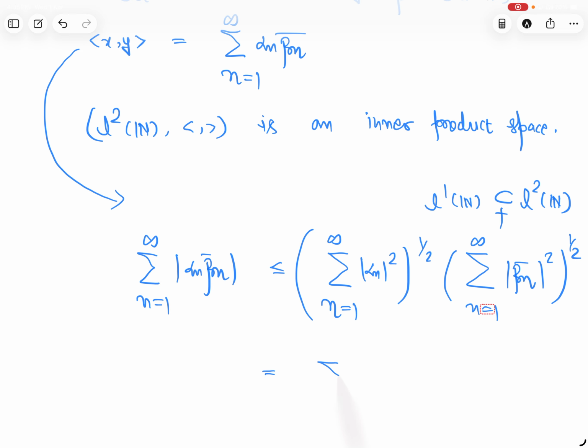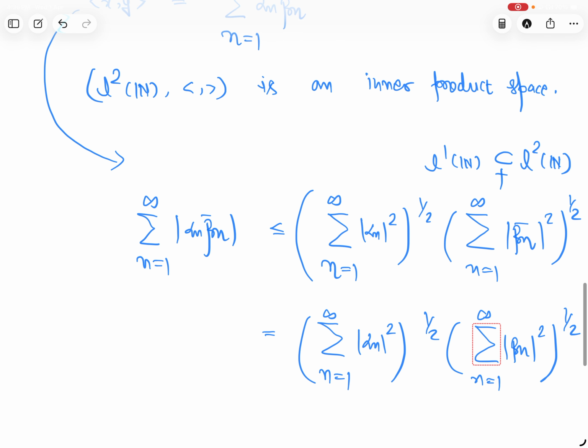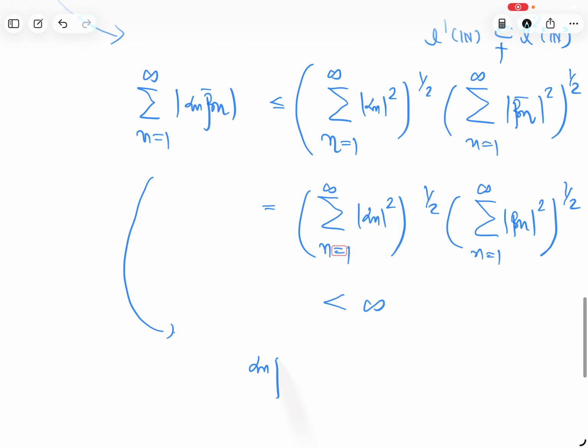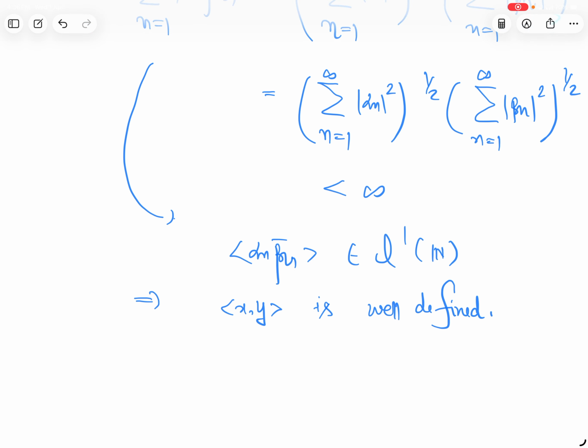So the sum of |alpha_n|^2 to the power 1/2 times the sum of |beta_n|^2 to the power 1/2, each part is finite. So the sequence alpha_n beta_n bar belongs to l1, and that means this is well defined, because if a series is absolutely convergent, then it is convergent. The rest of the properties can be checked easily.